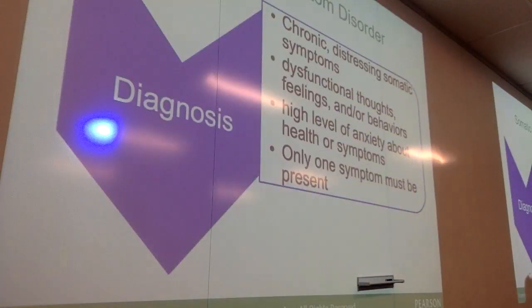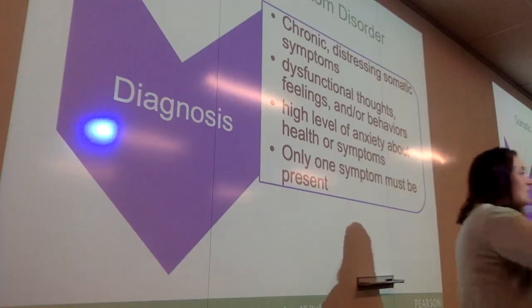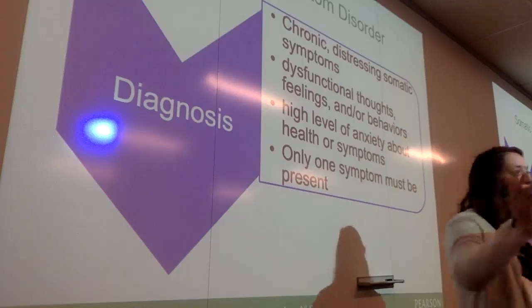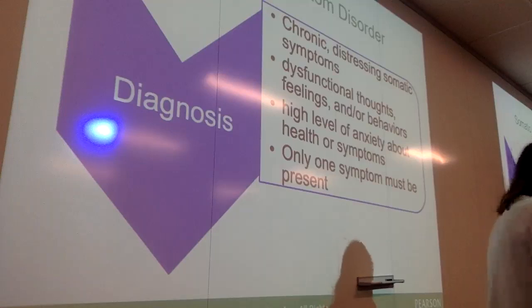Okay, so starting off with somatic symptom disorder, what this actually included, and what you might have heard before, is hypochondriasis, like being a hypochondriac. Has anyone heard that in their regular day-to-day life? If you've ever called someone a hypochondriac, it's people who are always saying, oh, I twisted my ankle and it's really sore, and they just tripped.